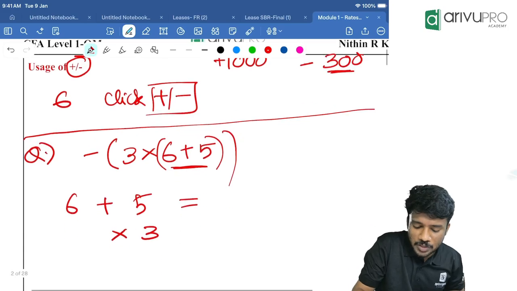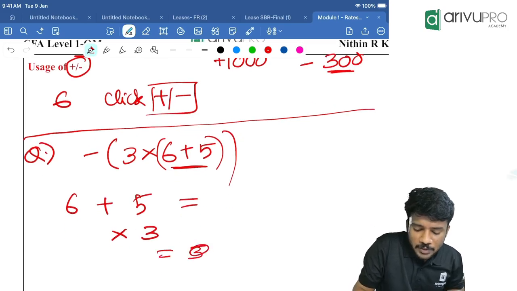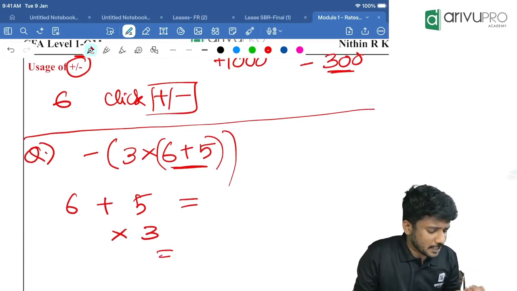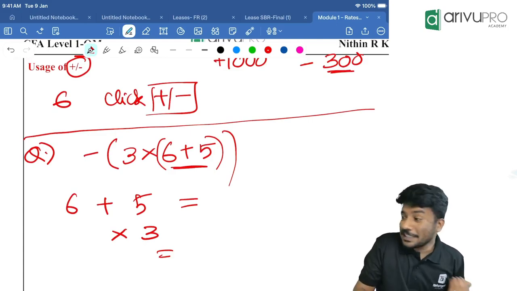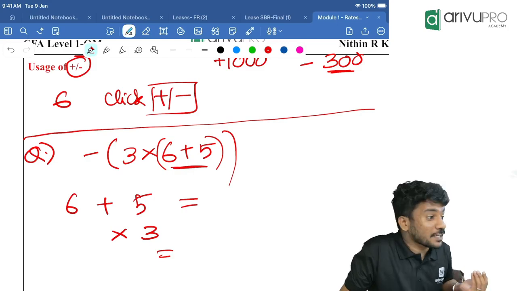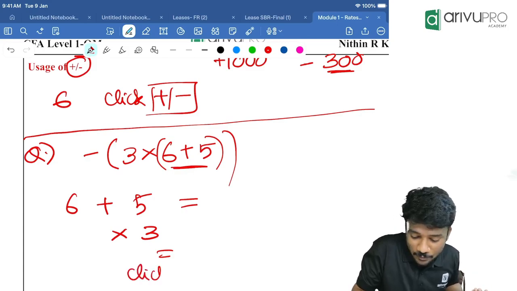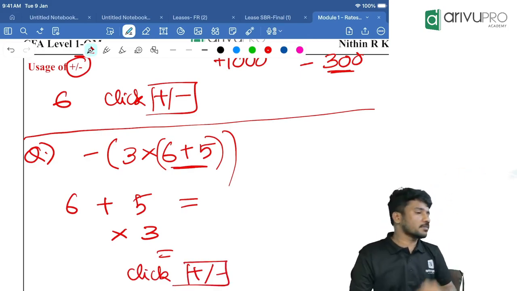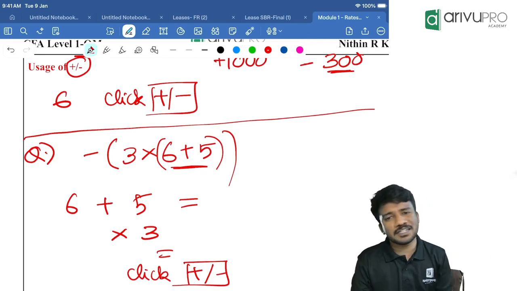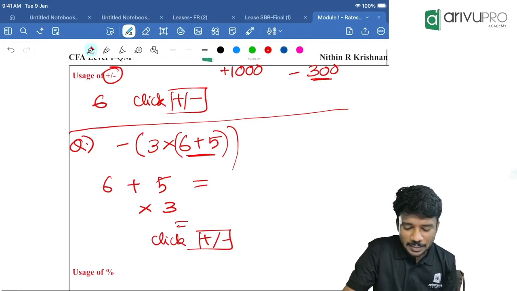You will get how much? 33. Okay. So is it positive 33 or negative 33? Negative 33. That means how will you convert it into negative 33? You will click which sign? The plus or minus button at the bottom row of our calculator. So you will get how much answer?